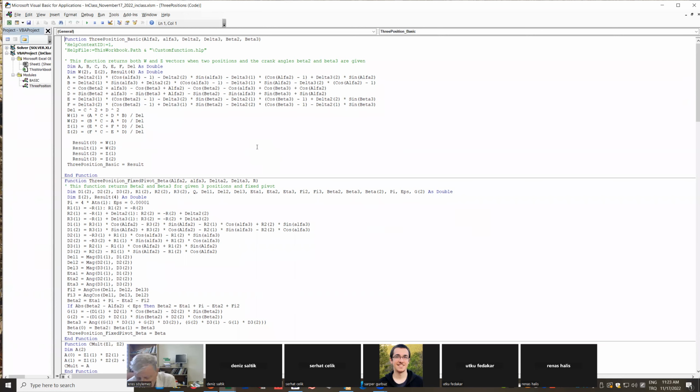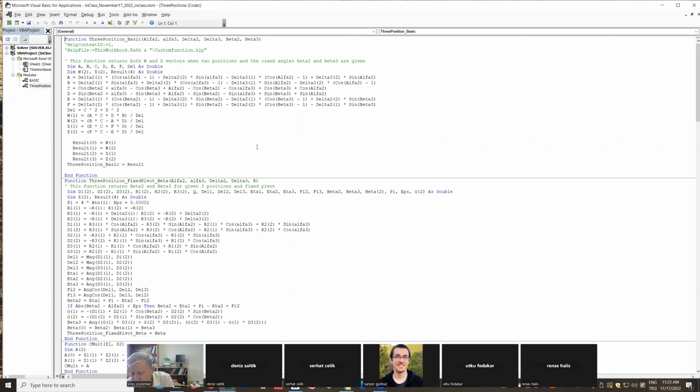Whenever, in my case, I see that I have to repetitively perform some kind of a calculation, I write a simple function. It makes my life easier, okay? I don't have to solve for a 4-bar over and over. I have a 4-bar function that I can solve right away.